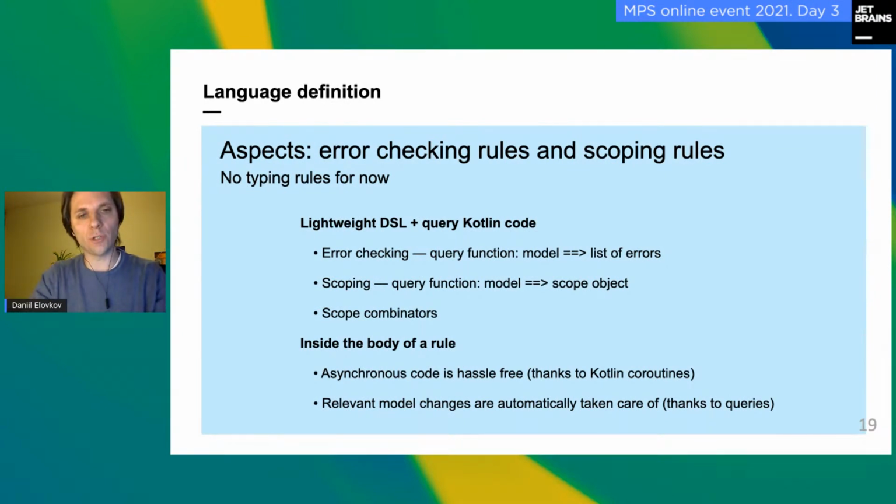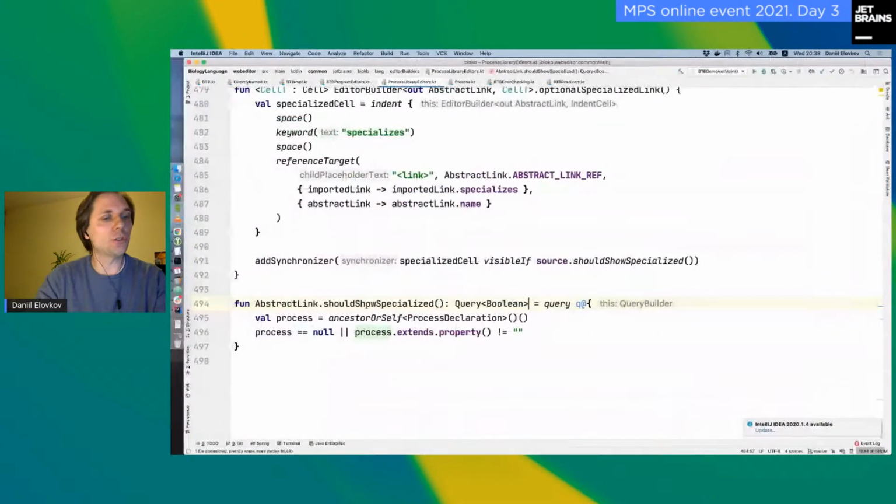Before I jump to the examples, I want to remind you that anywhere inside the body of any of those rules, we're free to use asynchronous calls the Kotlin way, in the sense that I talked about in the beginning. Another thing is that all the model changes that would affect the results of the rule are automatically taken care of for us, so the rule will be rerun when something changes.